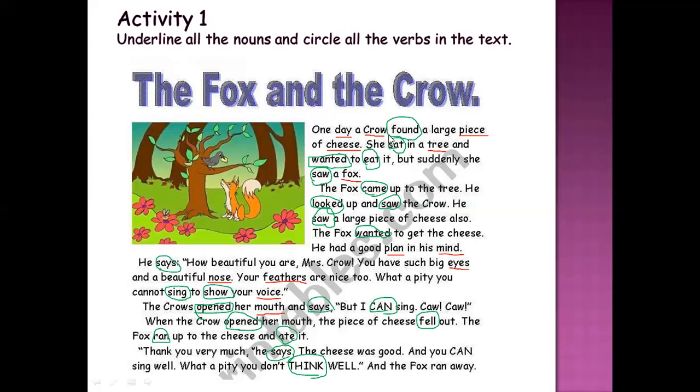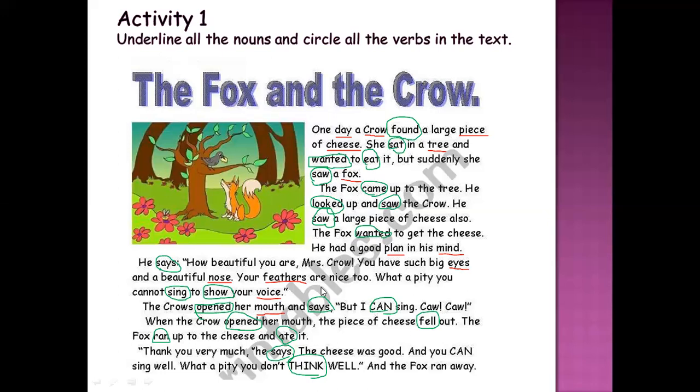Then what about verbs? Here, found, sat, wanted, eat, saw, came, looked. Again the same verb. So you may find the same word 2-3 times.